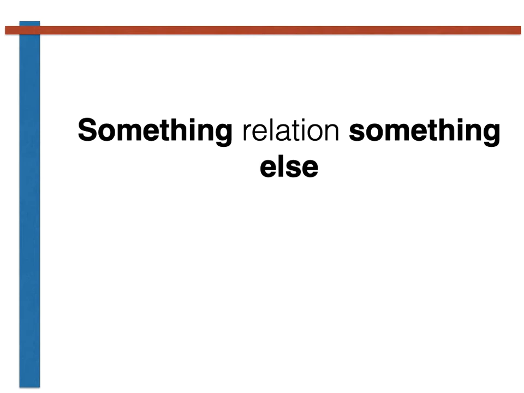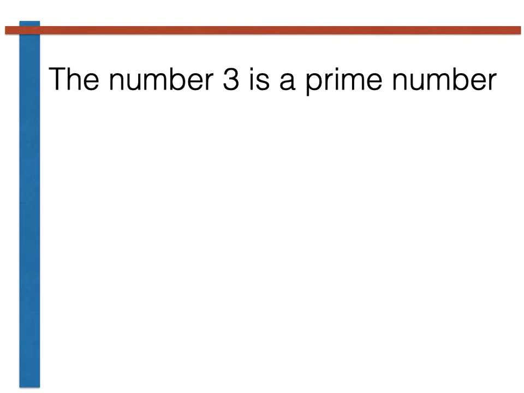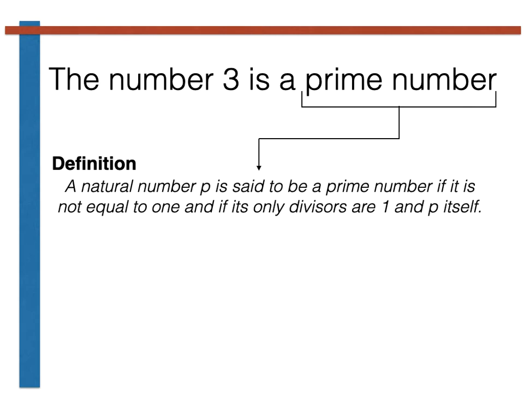Let's now consider another mathematical proposition, the proposition that the number 3 is a prime number. To make sense of this proposition and to determine its truth value, we need to know how prime numbers are defined. If we look up this definition, or better still remember it, we find that a natural number p is said to be prime if it is not equal to 1 and if its only divisors are 1 and p itself.